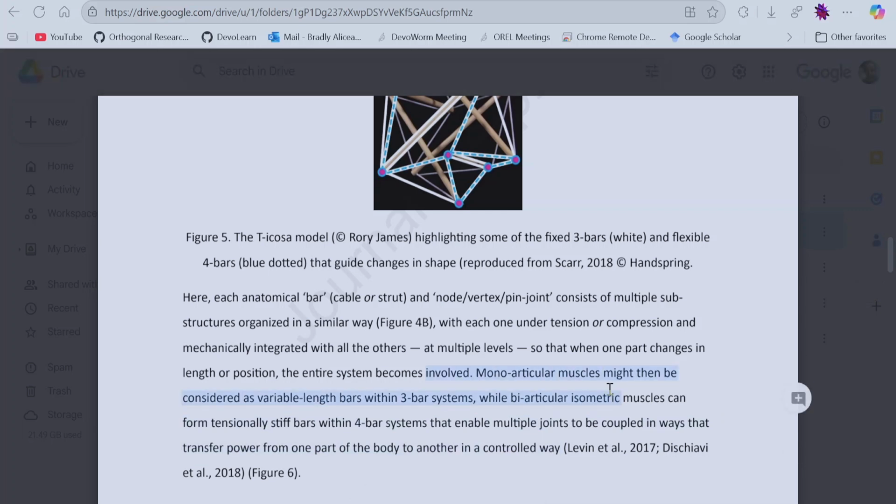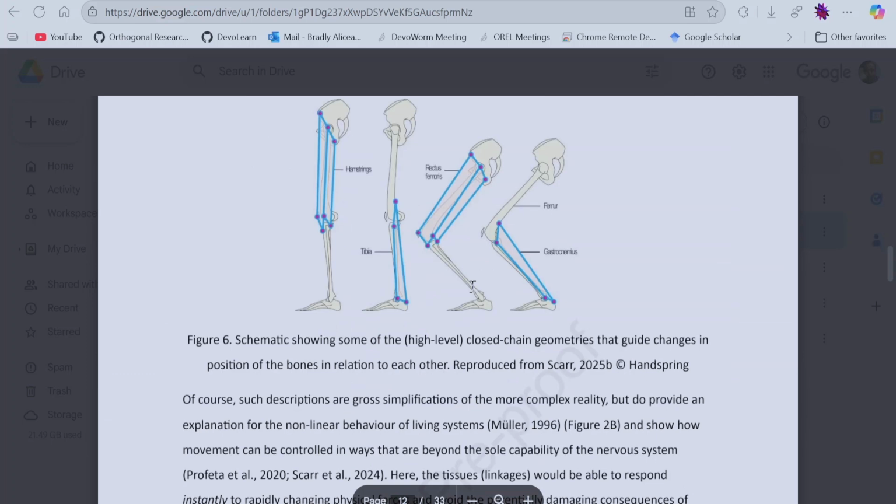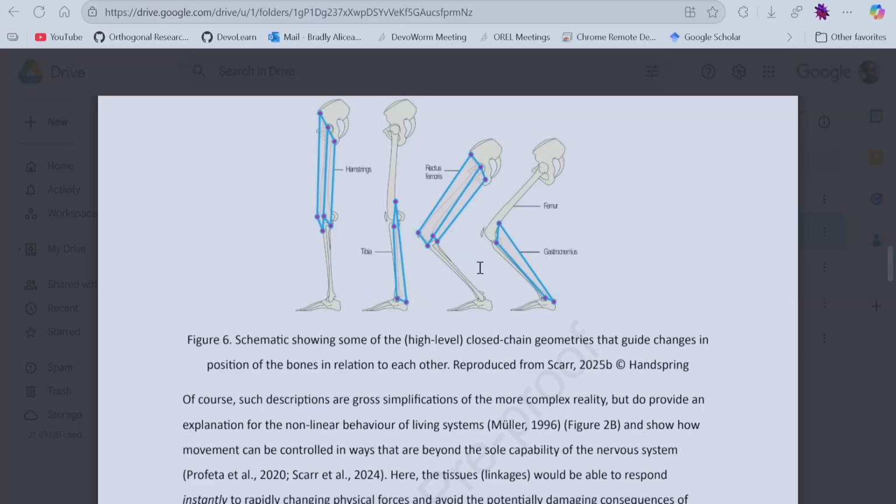So you're getting one layer of coordination with the T3 and another layer with the T4. I don't have the cellular analogy to that. Maybe something with actin molecules, acting collectively versus independently. That might be one way to think about it. But this shows the difference between the muscle synergy and the muscle movement, and how this is related to a closed chain geometry.